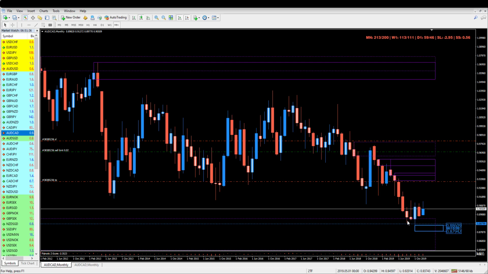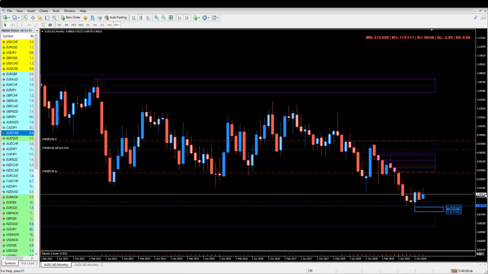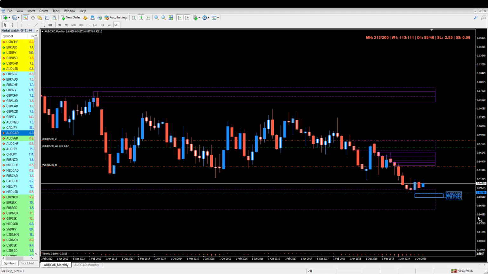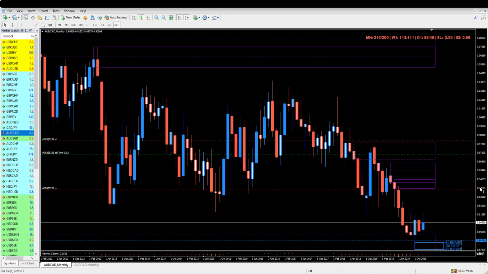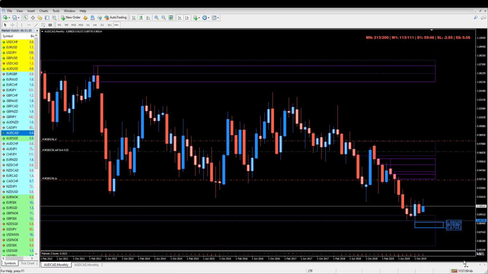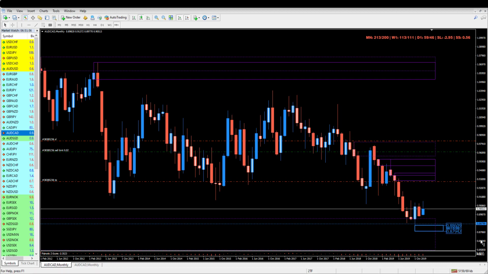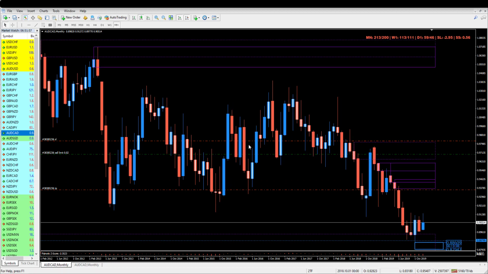You can see we're starting to see this pattern emerge where you see price race down to an area, then sit on it for a while. And this is interesting because we are sitting on monthly demand, so we can expect price to wriggle higher. Okay, so that's what we have down there.